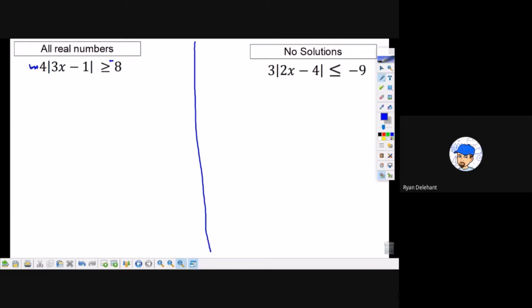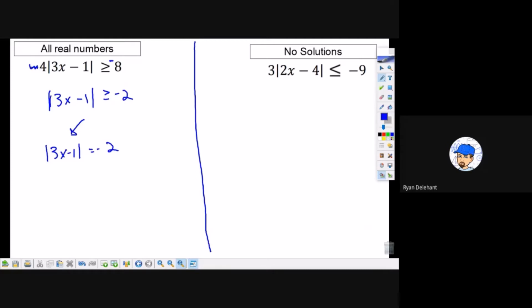Let's say we dove straight into this to work on this before, like we normally would. We need to divide that 4 to the other side. So we're going to get 3x minus 1, and we're going to divide by 4. Now, if you go to find the endpoints, we get this, right?